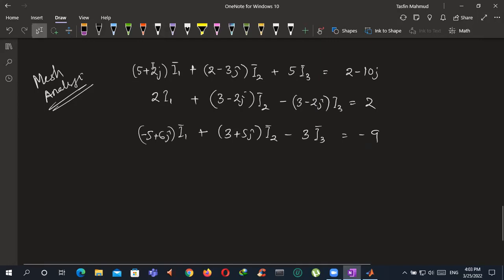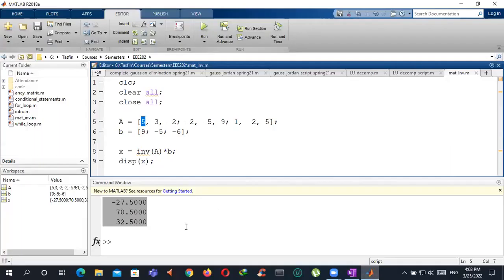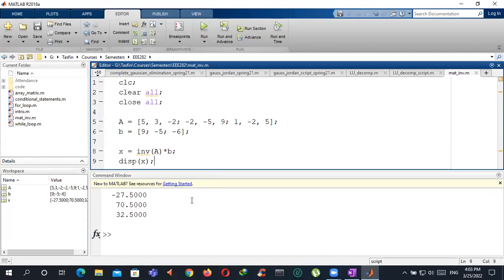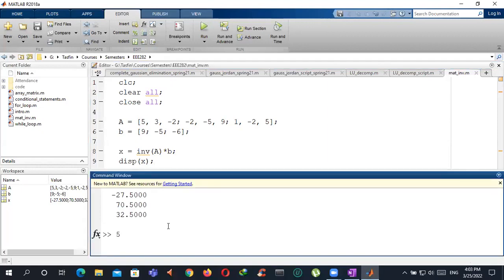So you can put the coefficients in MATLAB in complex format as well. For MATLAB to understand the j portion, you can use either j or i if you wish. Like if I write 5 plus 2i, then MATLAB will understand that 5 is the real portion and this is the imaginary portion.